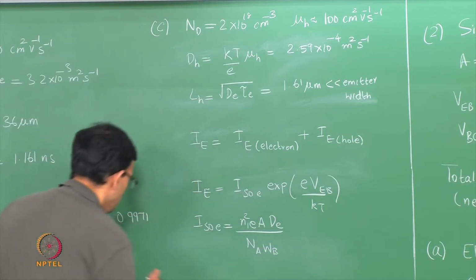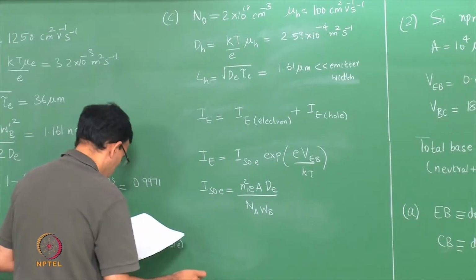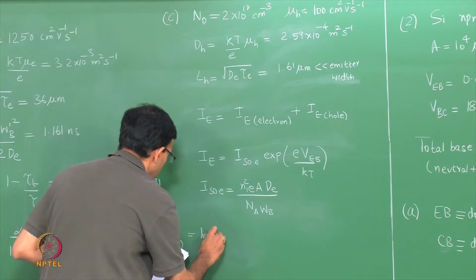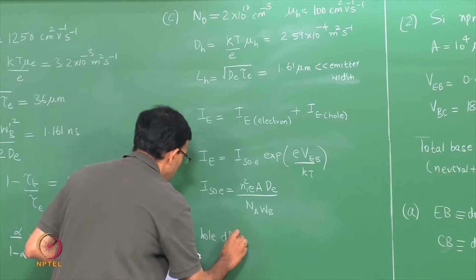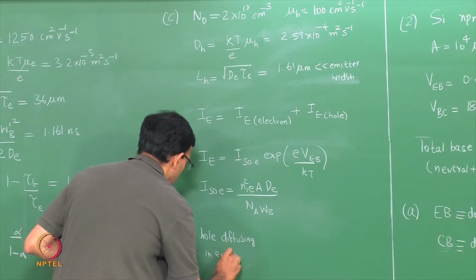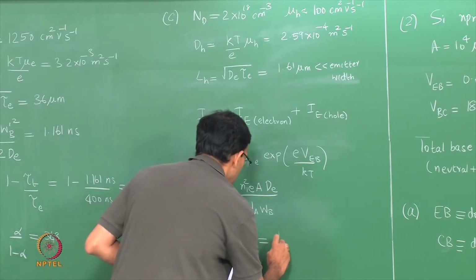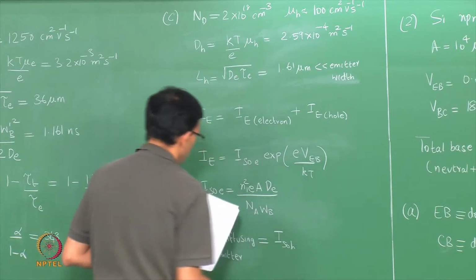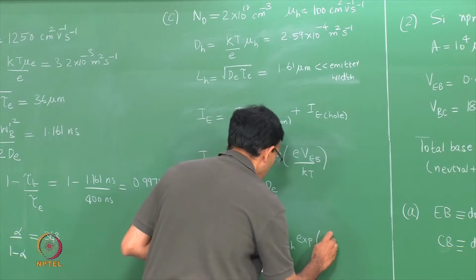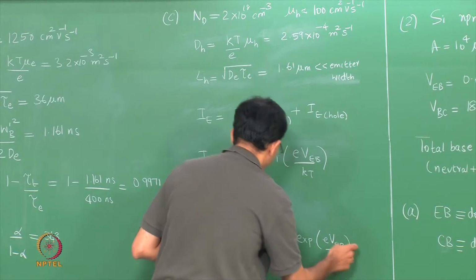So, IE, the hole component, is basically the holes that are diffusing into the emitter. So, we can write a similar expression, I S naught h exponential E VEB over kT.